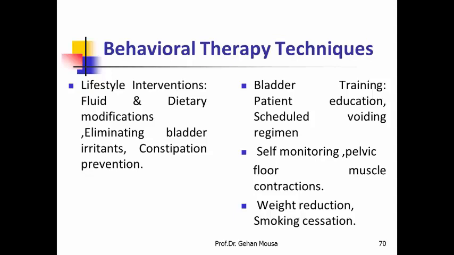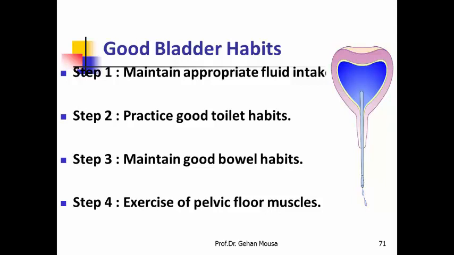Constipation prevented. Body weight reduction is very important. If the patient is thin, prevent him from any diet that allows him to become fatty. Smoking should be prevented or stopped. For good bladder habits, fluid intake is very important.